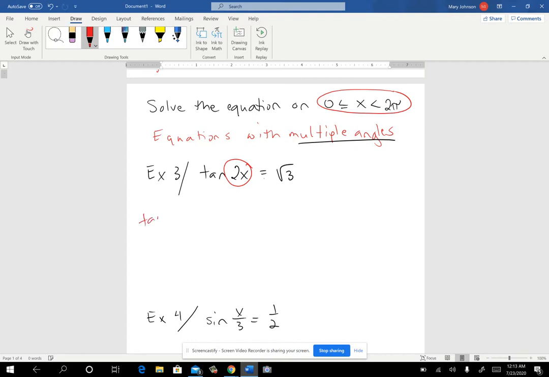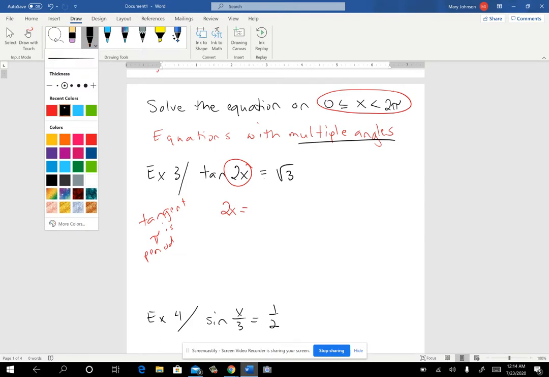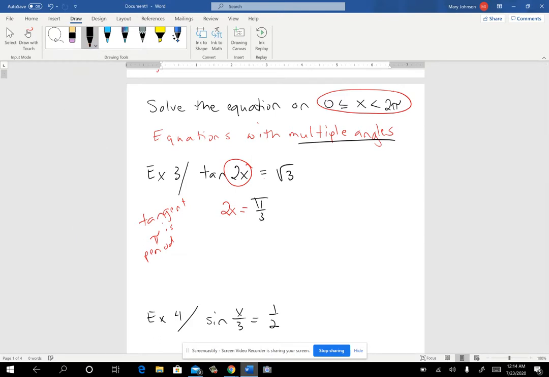Now, tangent has a period of pi, okay? So pi is the period. So when I'm looking at that, I don't need to keep going around the whole unit circle. When I find that the tangent of pi over 3 is equal to square root of 3, then what I can write is that I know this 2x would have to equal that angle, pi over 3, okay?